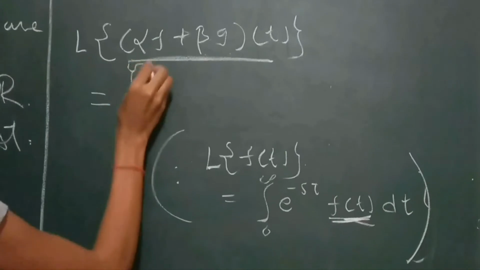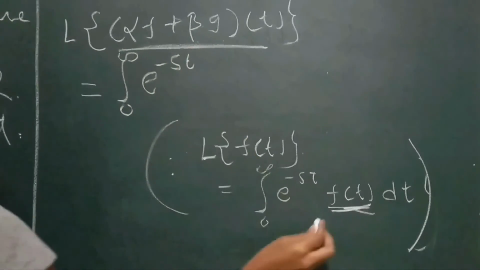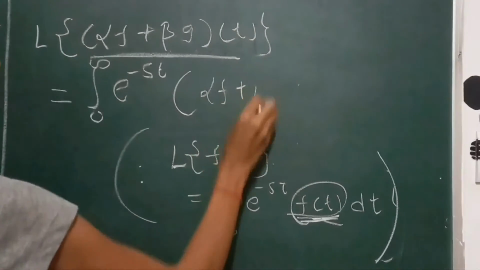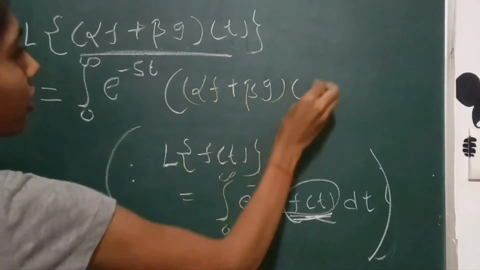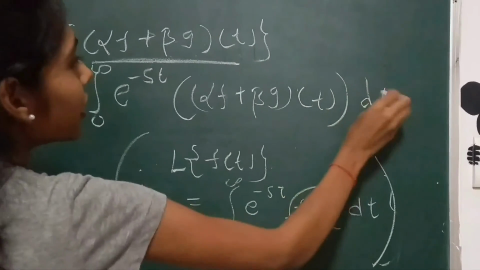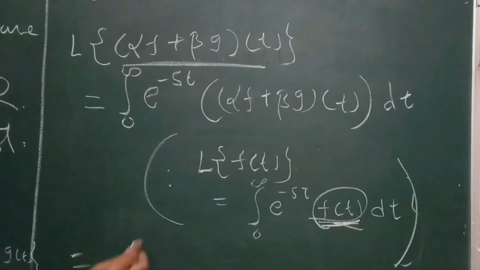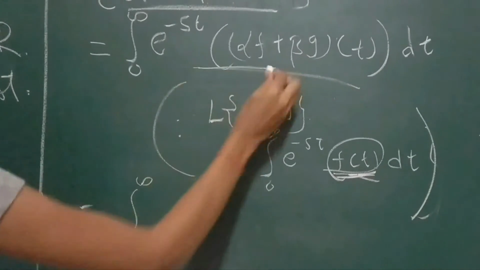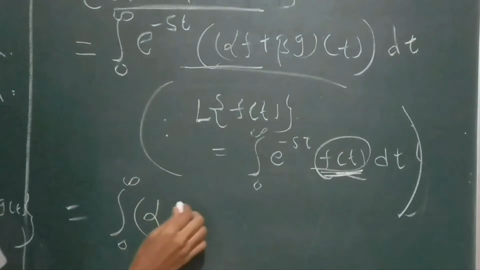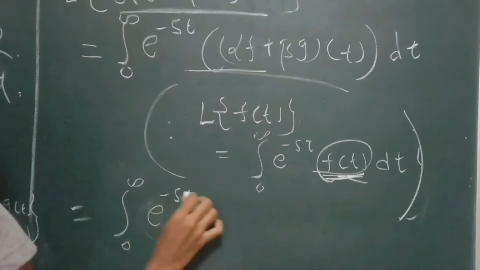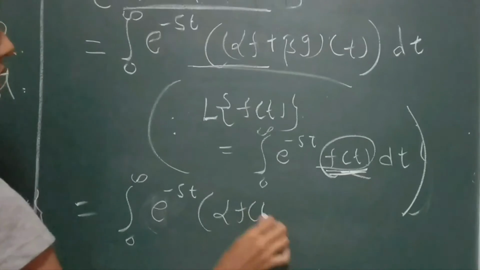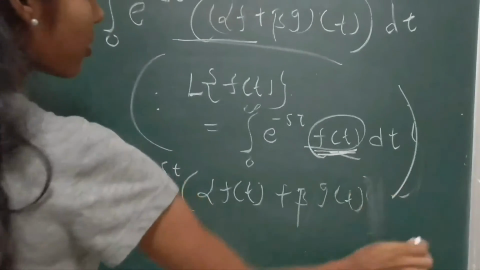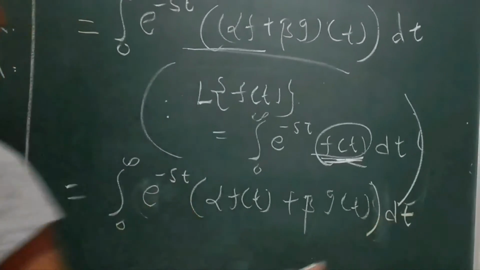So 0 to infinity e raised to minus st times alpha f plus beta g of t dt is equal to 0 to infinity e raised to minus st, alpha f of t plus beta g of t, dt.